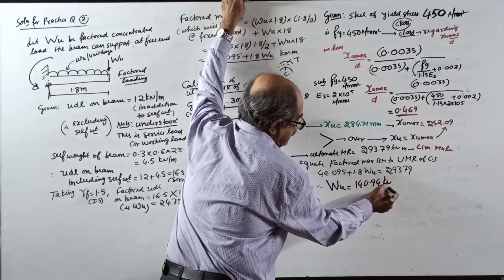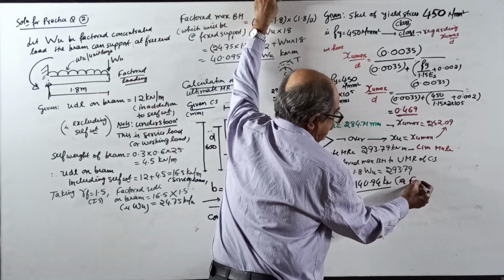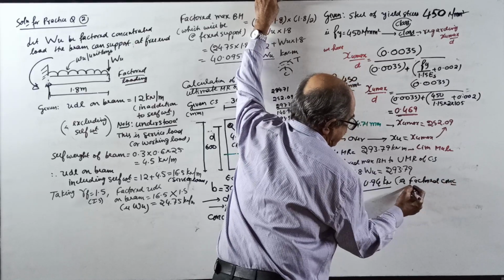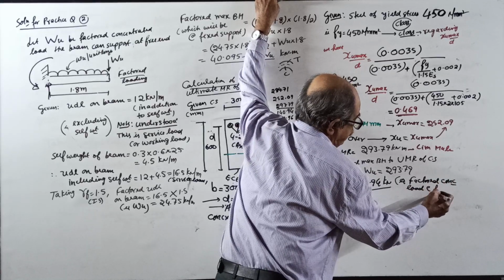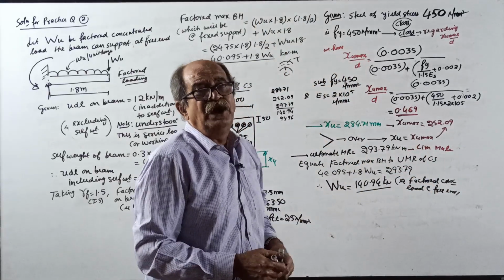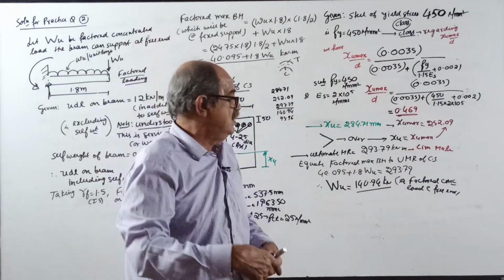Wu will come 140.94 kilonewton. That is the factored concentrated load at free end. But what they want is the maximum permissible load.